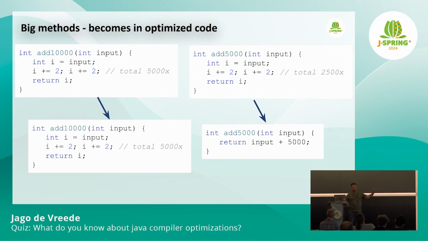So at some point, a method contains a lot of inlined code, and then the compiler will stop optimizing that piece of code because it's too much for it to handle. But then you are really, really deep in your code. So actually, this is 3,500 times faster than the big method, because the big method needs to do a lot of additions and the small one, just one.